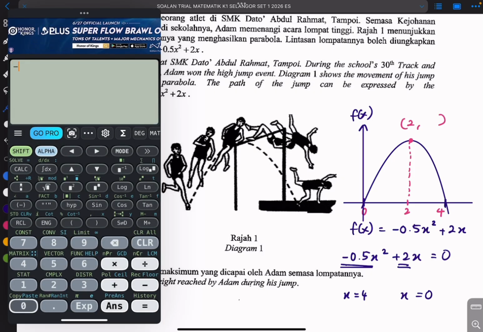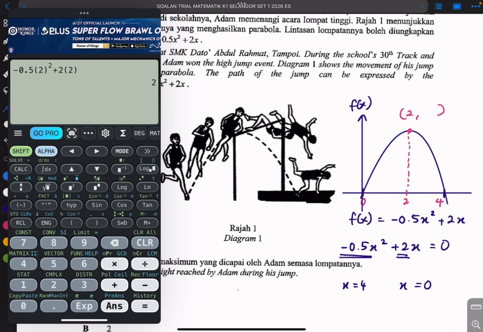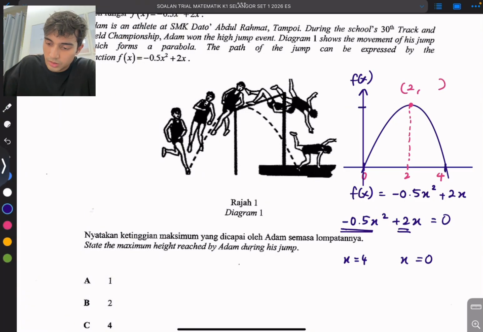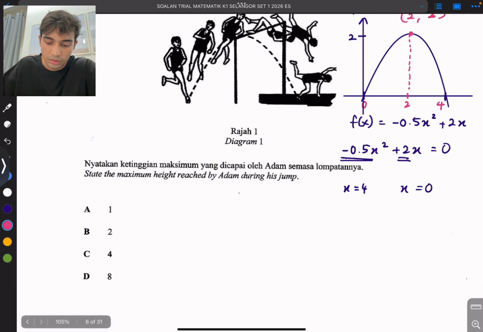So negative 0.5x squared plus 2x. So our height is also 2. So we can say this is coordinate (2, 2). So the maximum height is 2 meters. Answer will be B.